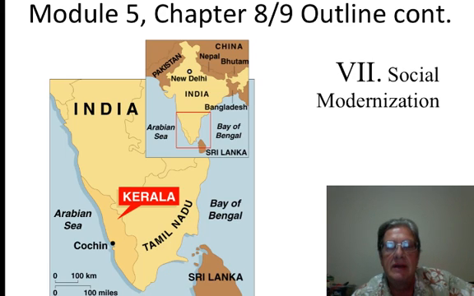The literacy rate, as a result, increased to 90% in Kerala, where it hovered only around 50% in the rest of India. Life expectancy in Kerala increased by 15 years over the average life expectancy in the rest of India. And most importantly, the fertility ratio, the number of children that a woman will have in her lifetime, which was about 2.8 for the average of the entire country of India, was reduced all the way down to 1.8 in Kerala, which is a significant difference.